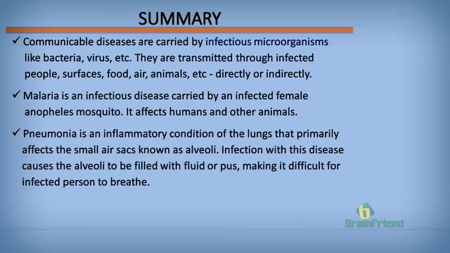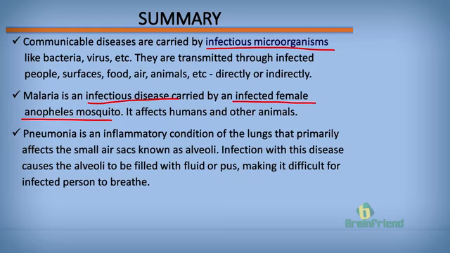So with this, we have come to the end of this lesson. We said that communicable diseases are carried by infectious microorganisms like bacteria and virus. They are transmitted through infected people, surfaces, food, air, animals, objects, directly or indirectly. We also said that malaria is an infectious disease carried by an infected female Anopheles mosquito.